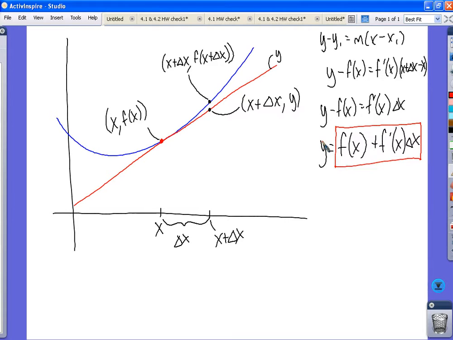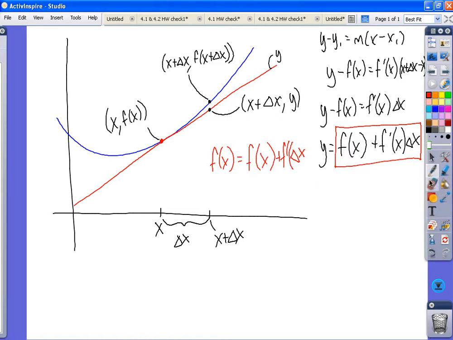This y is a y value on the graph. f of x is this value right here at the place where we're shooting the tangent line up. So if we look at the value of the function, the blue thing here, it is exactly equal to the y value on the line, because the y value on the line is given by f of x plus f prime of x times delta x.